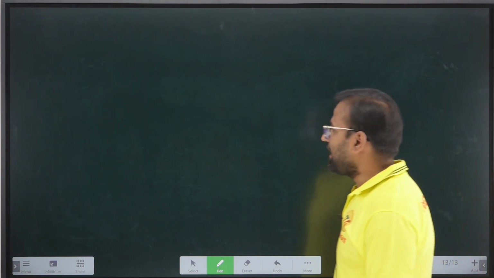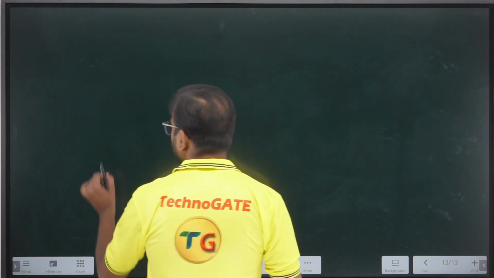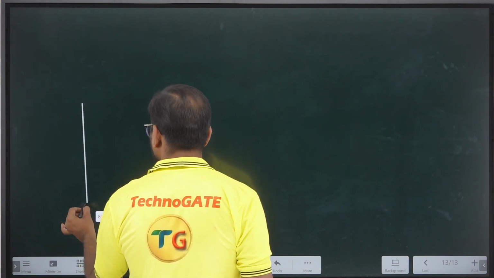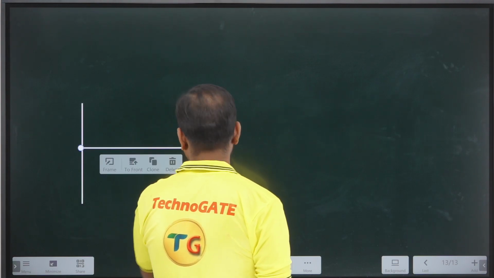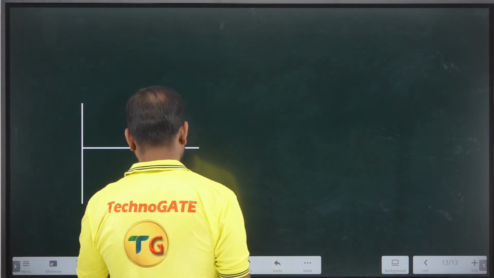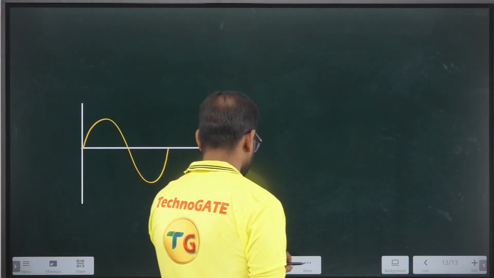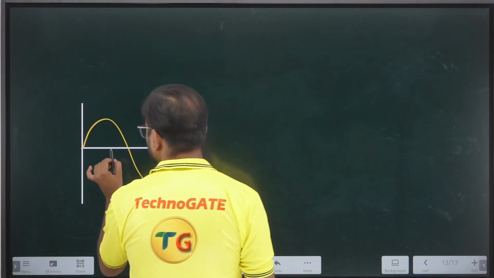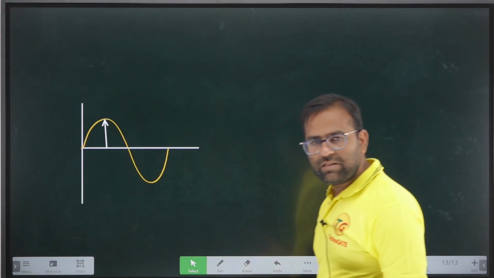Next is undersampling. Let's say you have this signal, and you are taking only one sample in one interval.